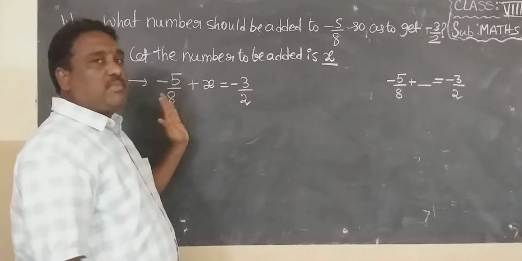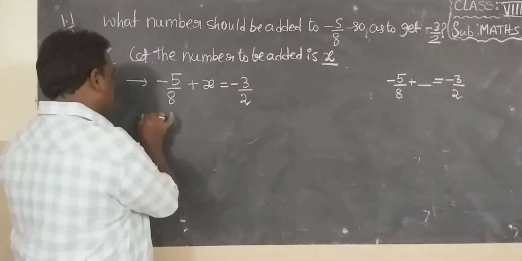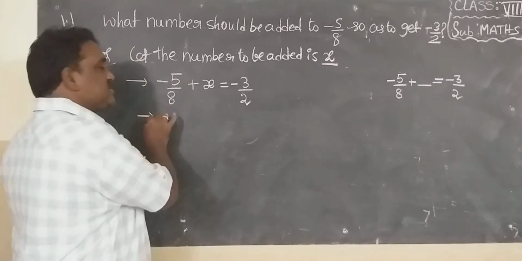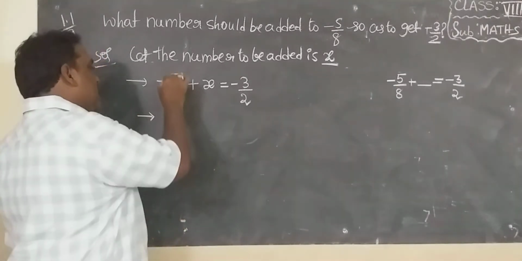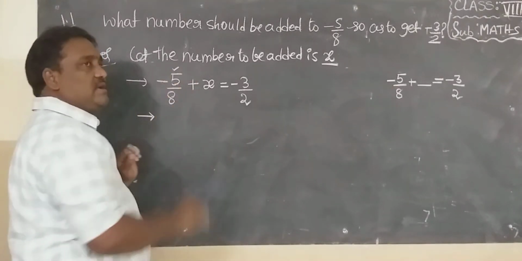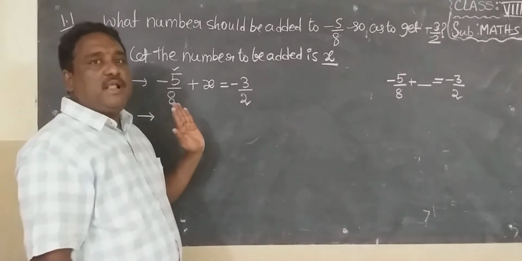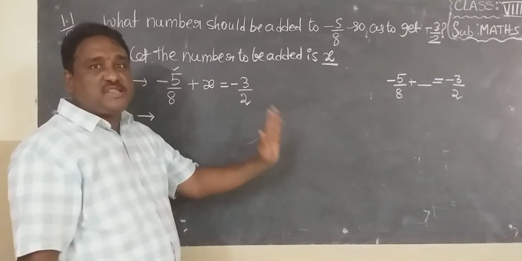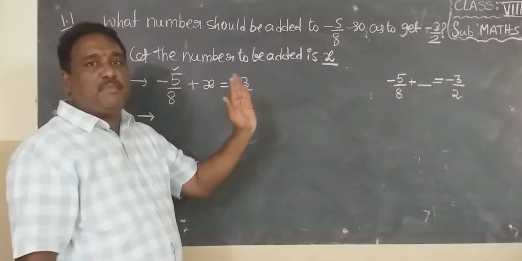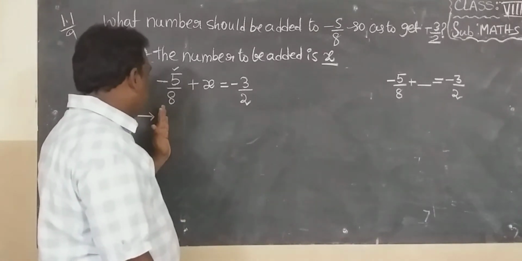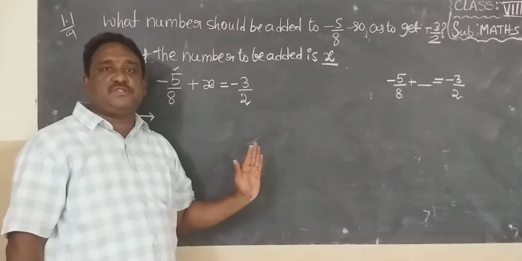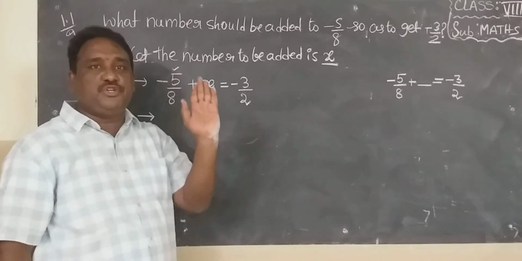So x is the number to be added. Then you know the procedure. Transformation you know. Minus 5 by 8 is moving from left side to right side. It becomes plus 5 by 8. So when a term is moving from LHS to RHS, automatically the sign changes, you know.